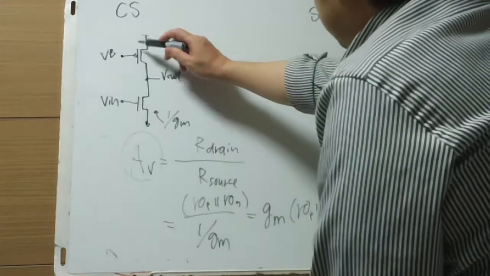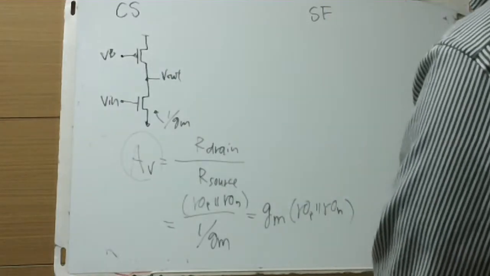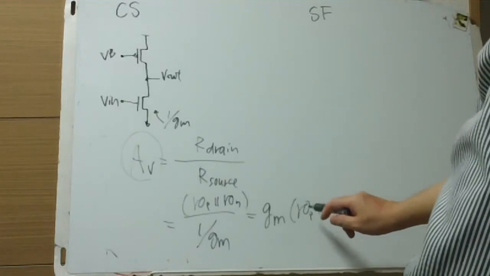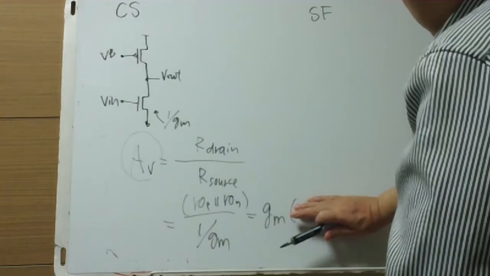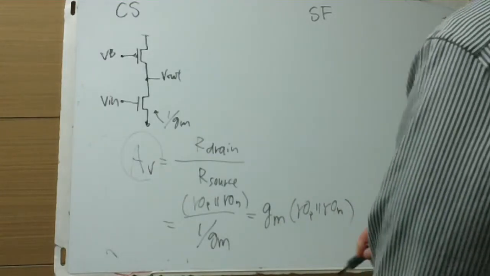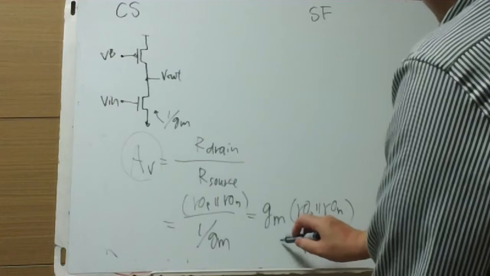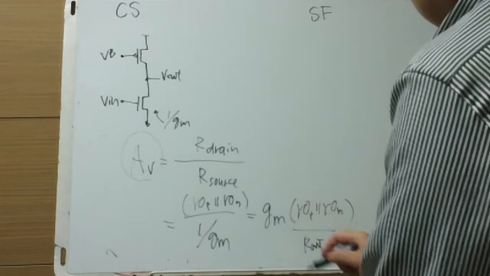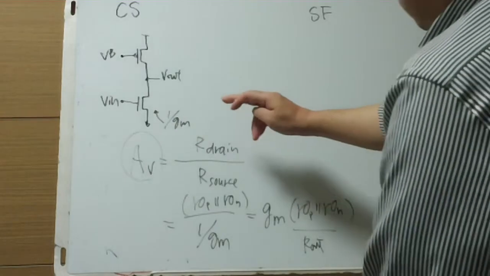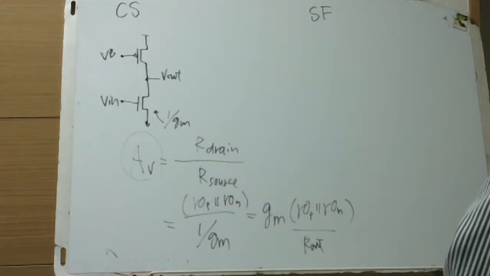If this is some load resistance, a passive resistance RL much smaller than RON, then the parallel combination is approximated by RL. So the gain is gm RL, where gm is the transconductance of the input NMOS. Resistance looking into the drain divided by looking into the source.